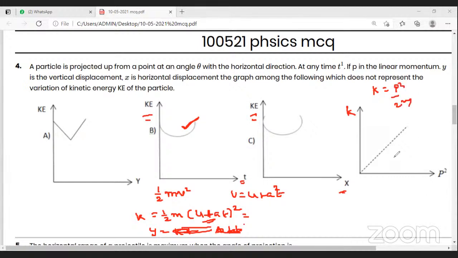That means it is directly proportional to p square only. If p square increases, k also directly increases. So this is also a correct graph. These two indicate the correct graphs for the given relations, and only here it was reversed. So it is the wrong option, but according to the given question, this is the correct answer.